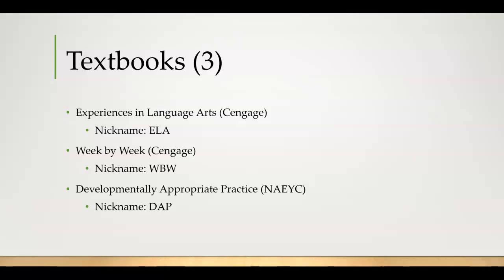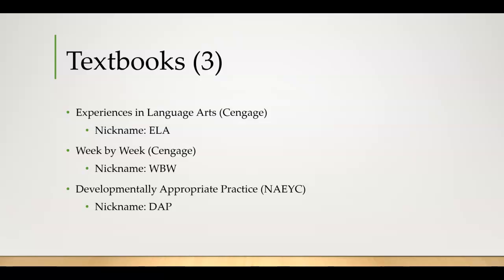They're pretty straightforward. ELA, Experiences in Language Arts, that's our main literacy text. The week by week book is dedicated to how to make weekly plans and how to do progress monitoring and assessment.